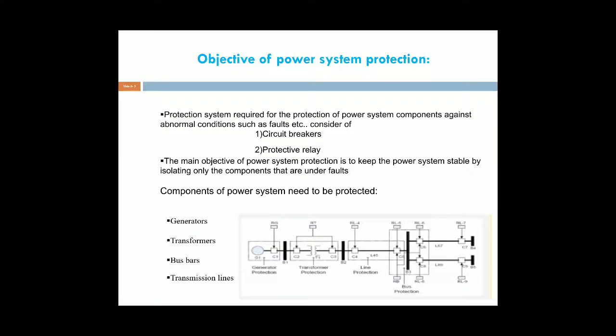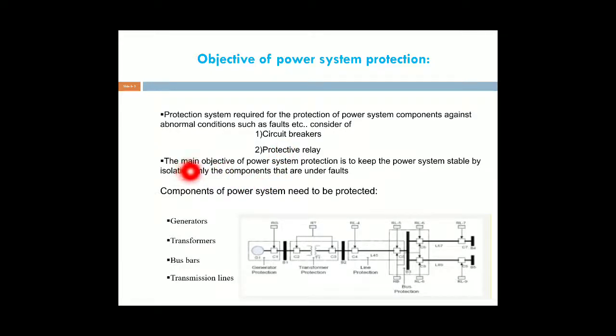These are the various protective devices in the system. The first one is the circuit breaker, and the second one is the protective relay. In the previous video lecture, I discussed the circuit breakers overall. In the present video lecture, I am discussing the protective relays. These two are the main protective devices in the power system.